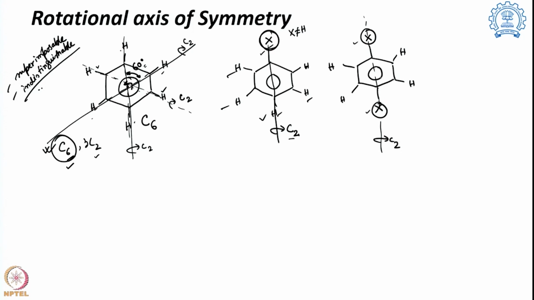I can have a C2 with a 180 rotation over here. If I rotate 180 degrees, these two X's change position, and this hydrogen changes position, and this hydrogen changes position.